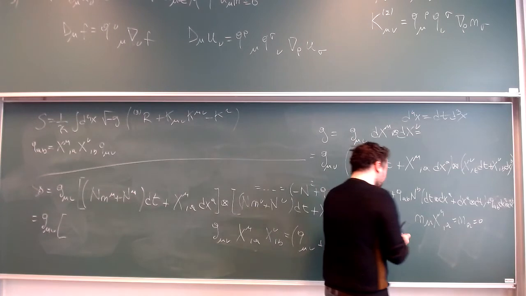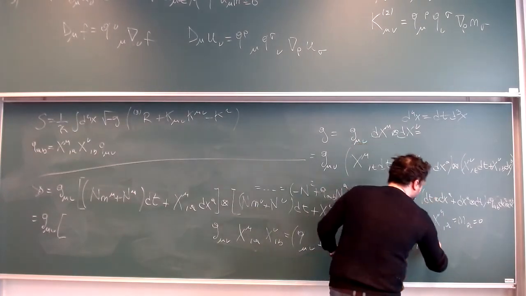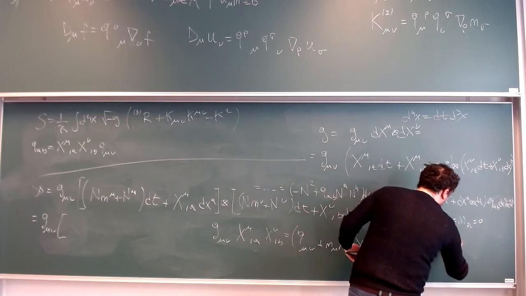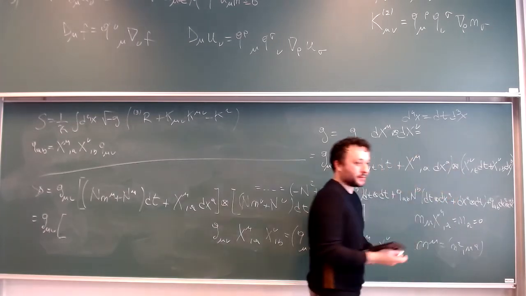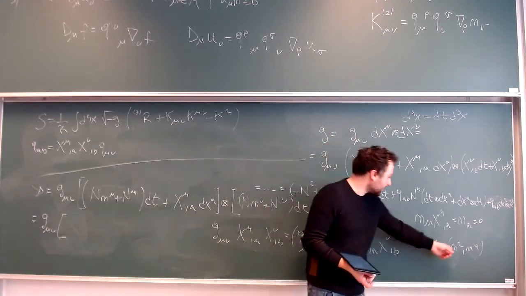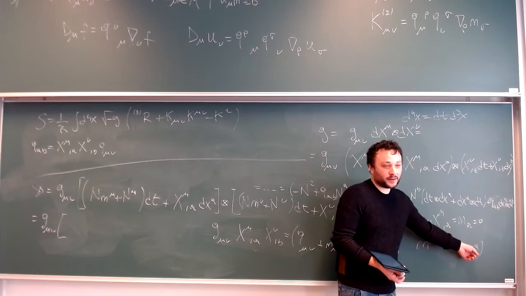If we have n^mu and we write it as n^t and n^a in the new coordinates, this n^a doesn't have to be 0.